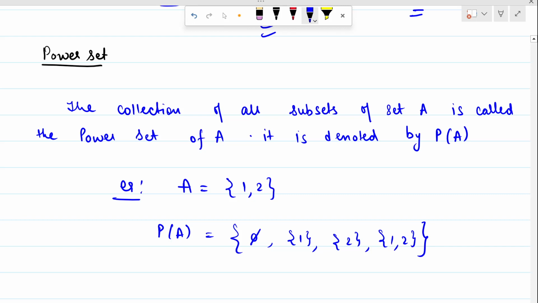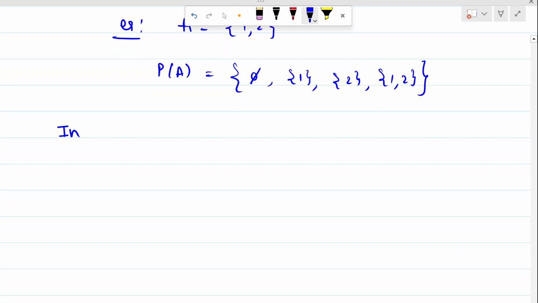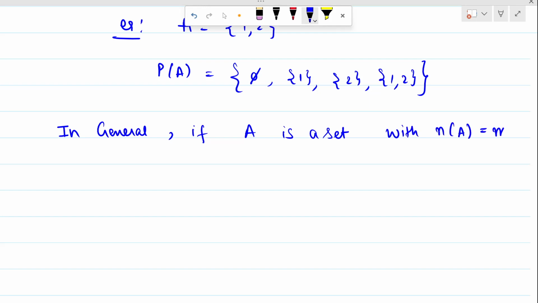So in general, if A is a set with n(A) equal to m elements, then the number of elements in the power set will be 2 raised to the power m.